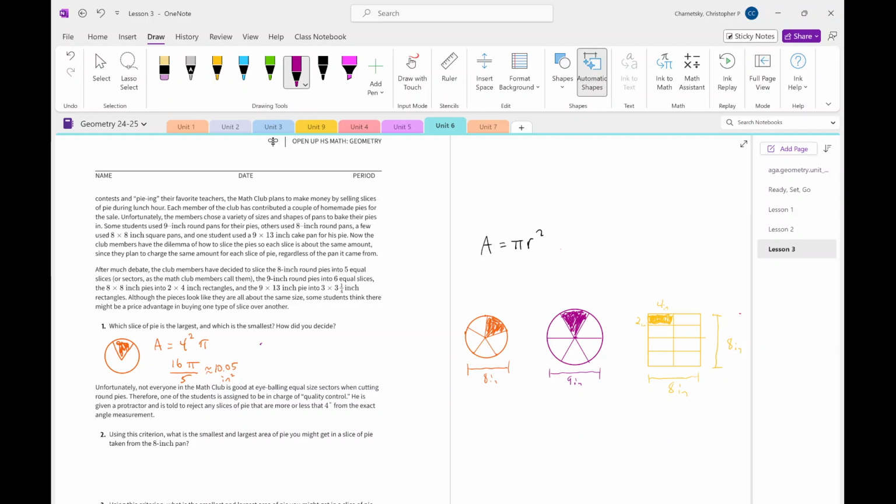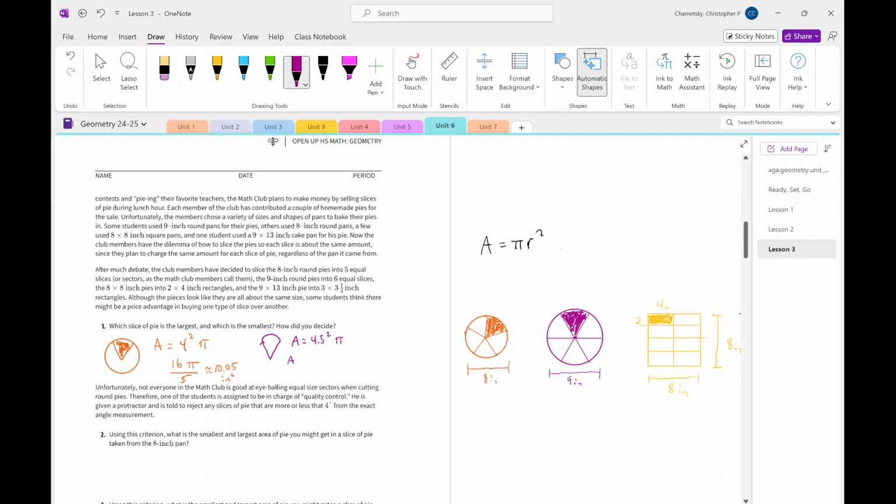Okay. The next one, we have the 9-inch round. I'm not going to draw the whole circle, just the wedge for that one. Okay. The radius for that one is 4.5, squared times pi. So 4.5 squared is 20.25.